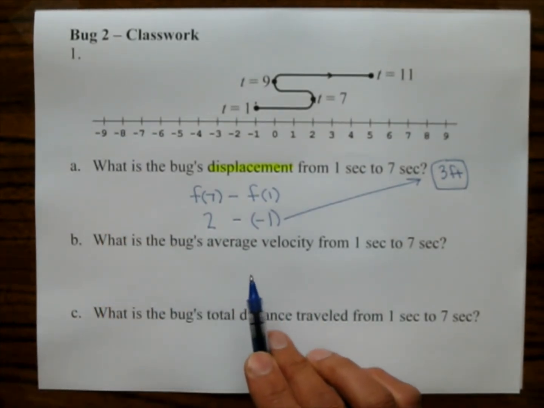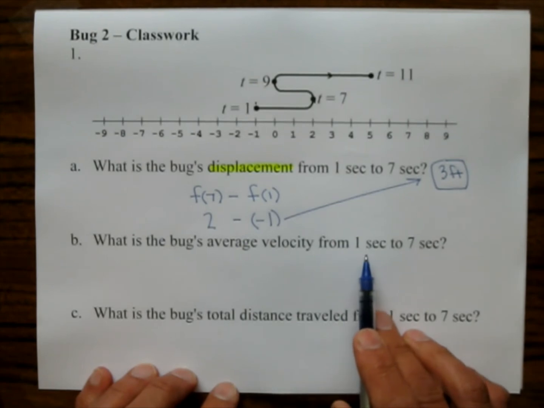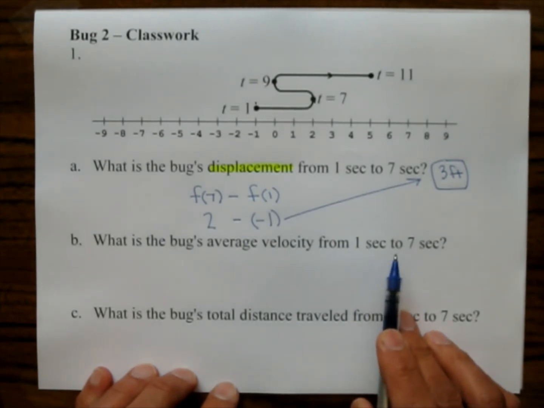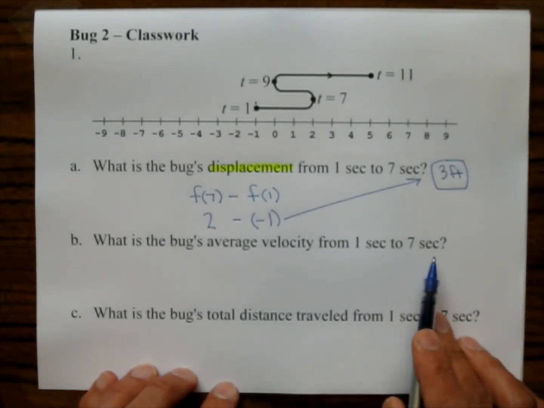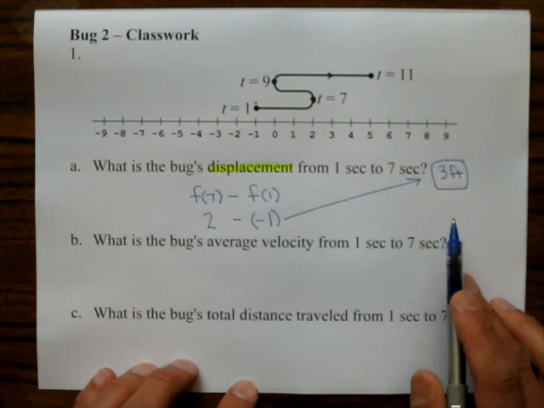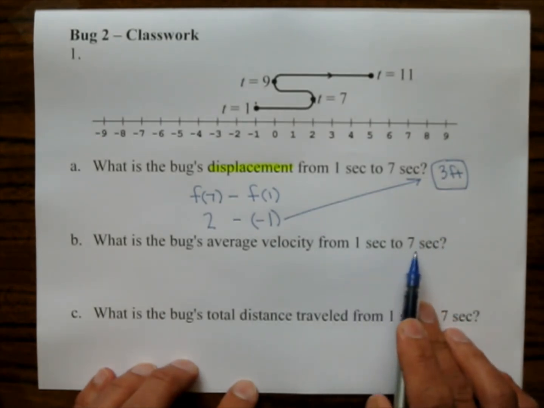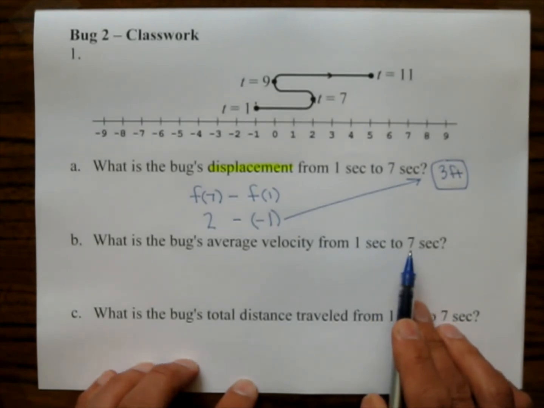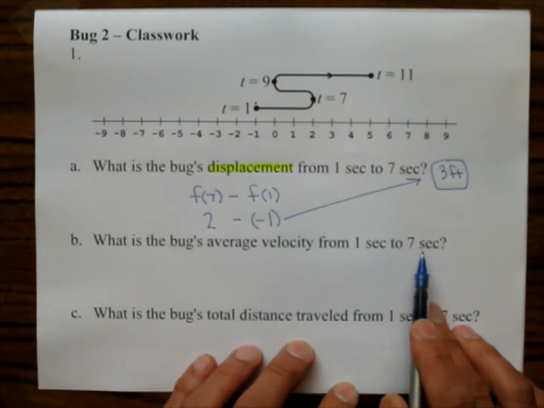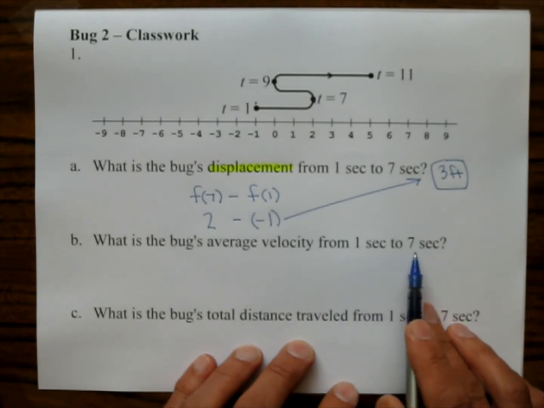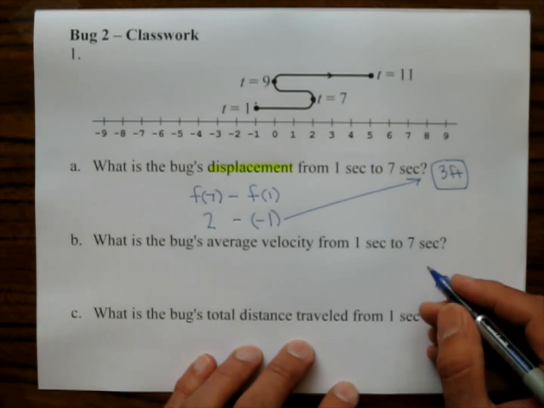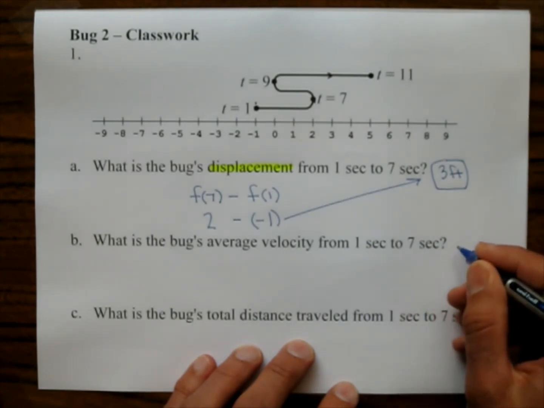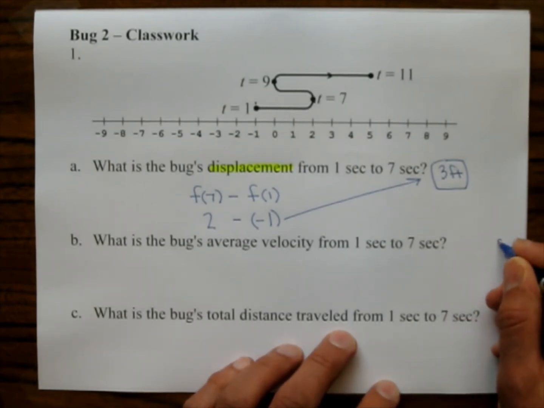What is the bug's average velocity from 1 second to 7 seconds? Well, how many seconds does this span? How many seconds is it between 1 second and 7 seconds? It's actually 6 seconds. So it's a 6-second interval. To get average velocity, when we think velocity, we think feet per second.